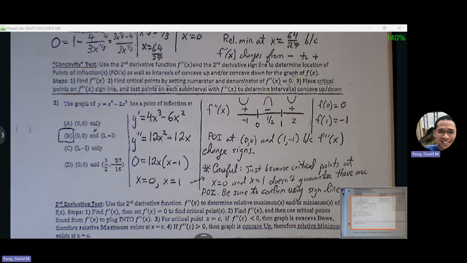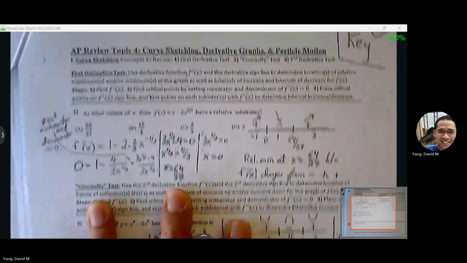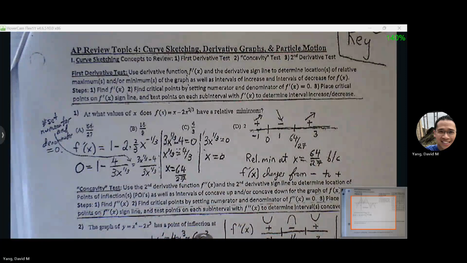If you can figure out the behavior of your slope sign line, then you can look at the arrows to decide where your relative min or relative max will be.